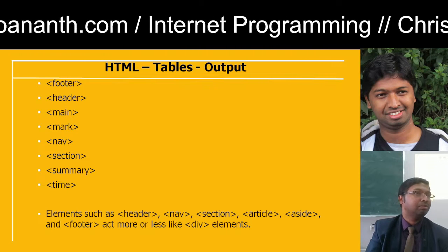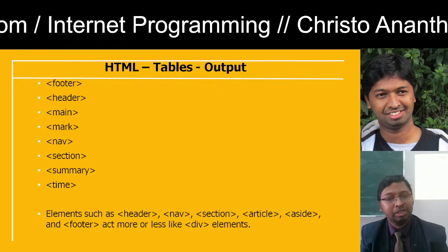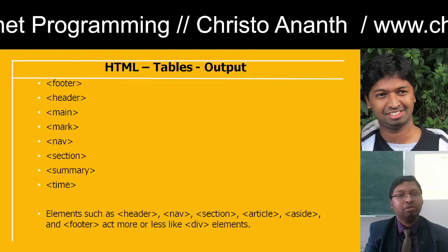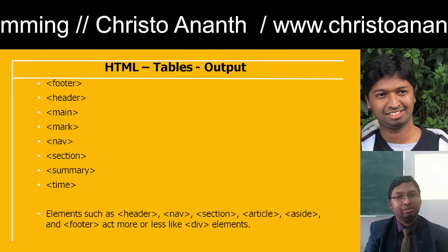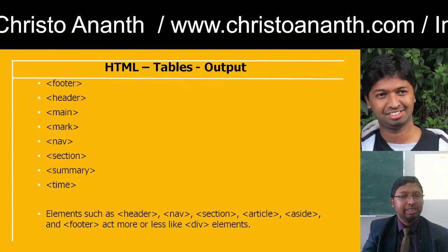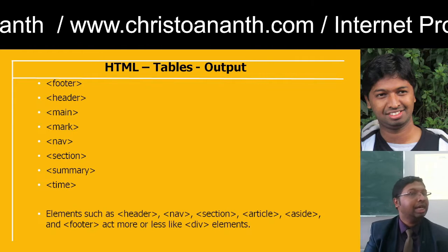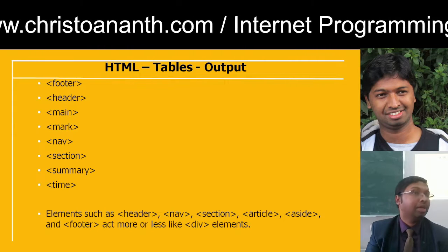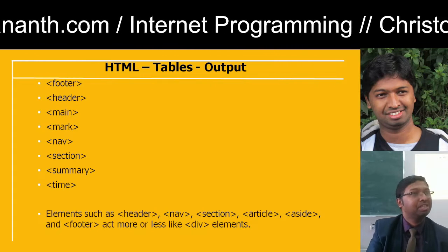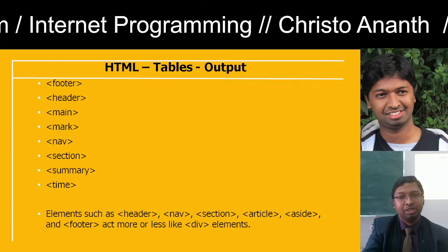Go through each of them, as everything has its own functionality. Header, navigation, section, article, aside, and footer act more or less like div elements. That is the basic functionality of these HTML5 tags.